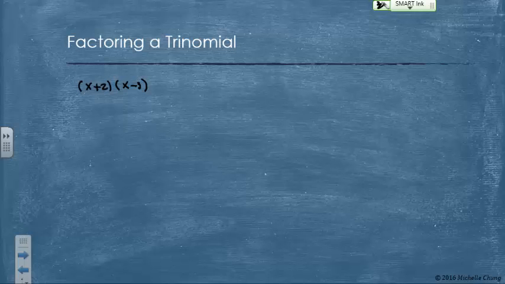For example, if I have x plus 2 times x minus 3, if we fold this out, the first term is x squared, and then negative 3x plus 2x minus 6. And if we combine the like terms in the middle, then we have x squared minus x minus 6.